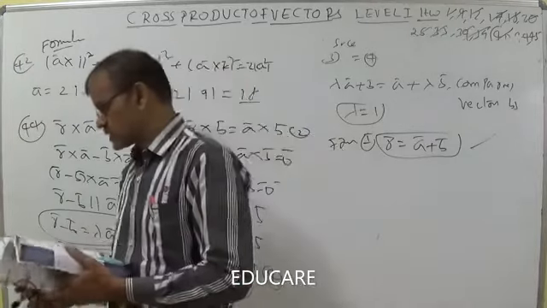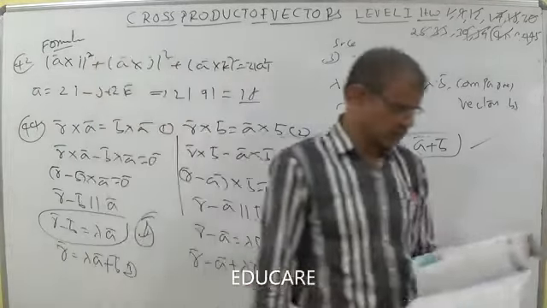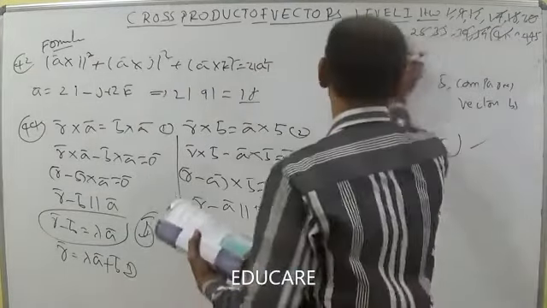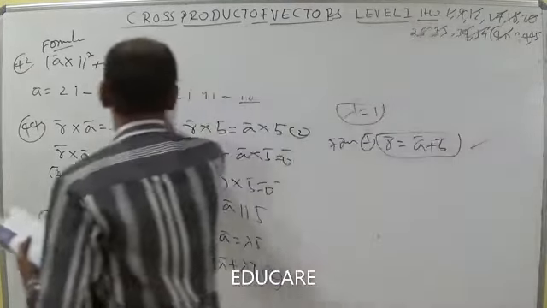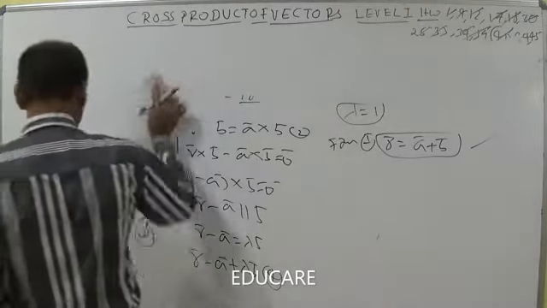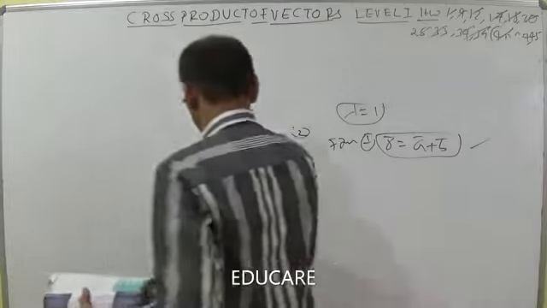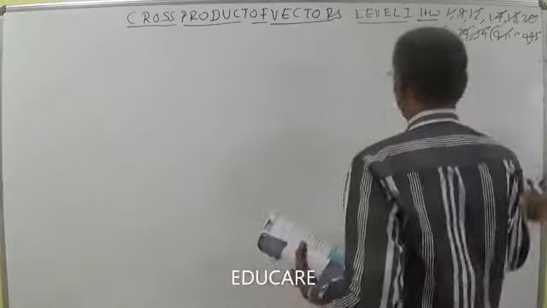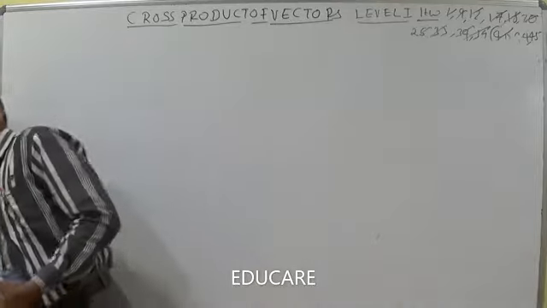Next, let us discuss the 45th question. The moment about the point. In each and every level, he is giving a physics question. The moment, you can represent it as a torque tau. Here, the main thing is that every student should not get confused.